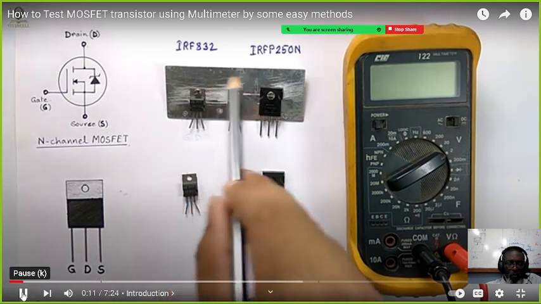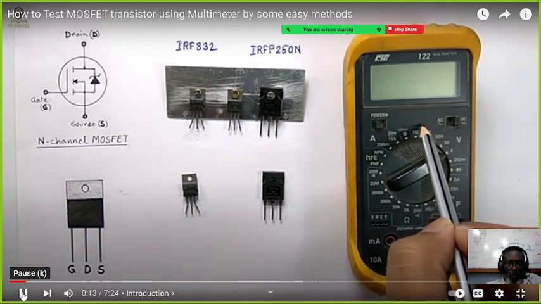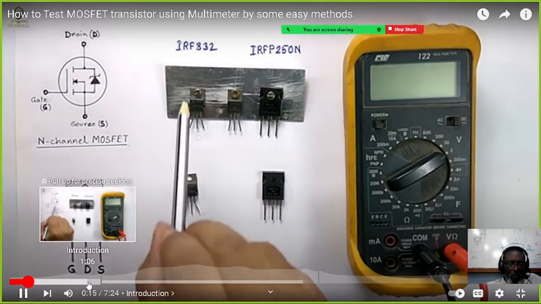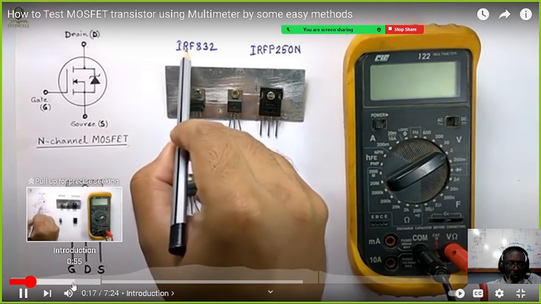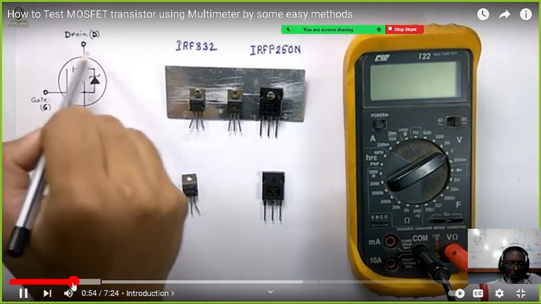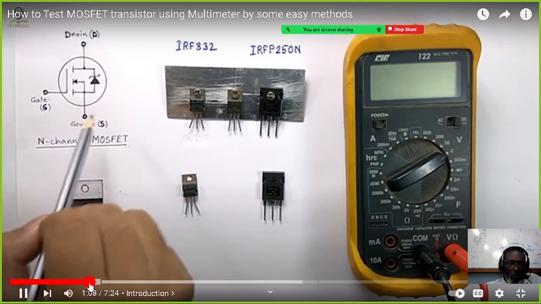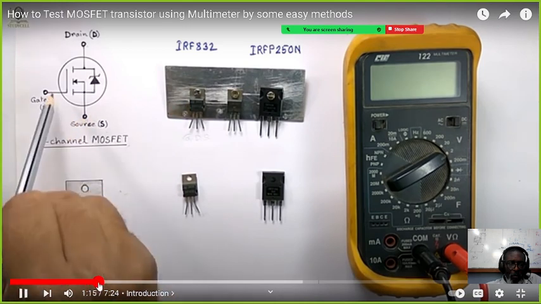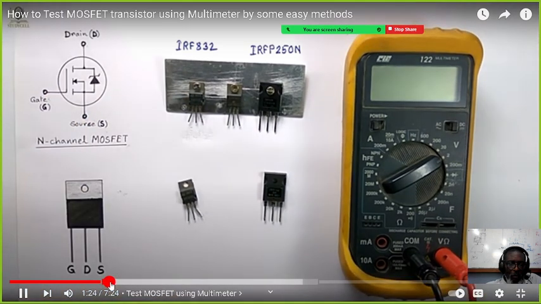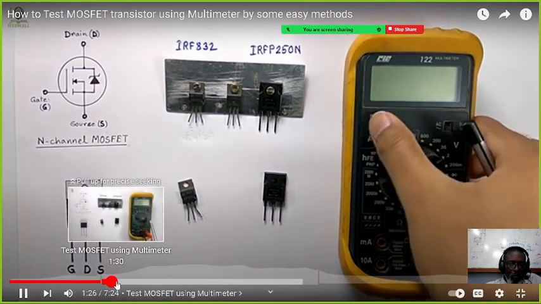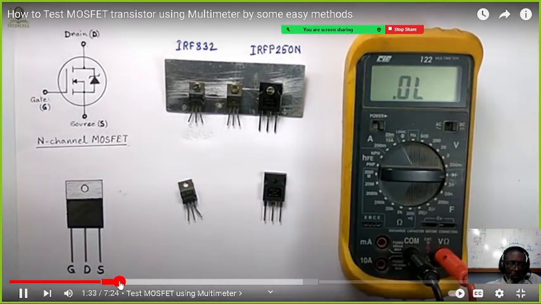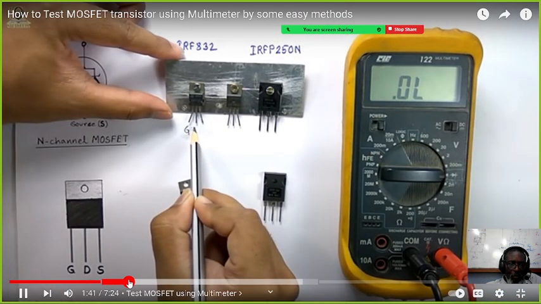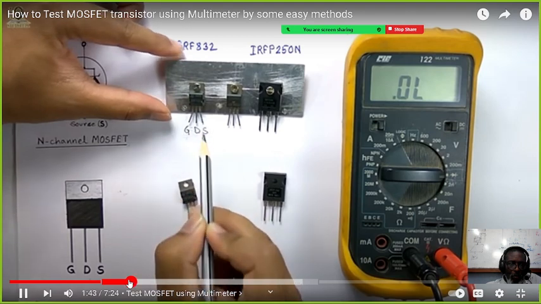The method of testing a MOSFET using a multimeter. Now here I am using an IRF for testing. This MOSFET is used as a switch, acting like a small switch. For that I have to turn on this multimeter. Next I have gate, drain and source.